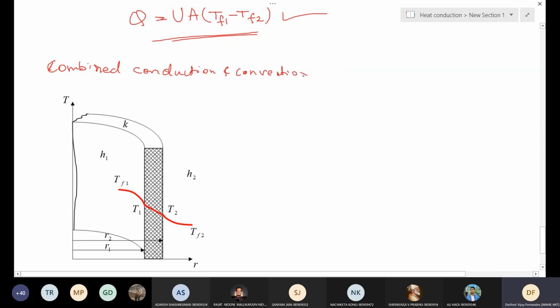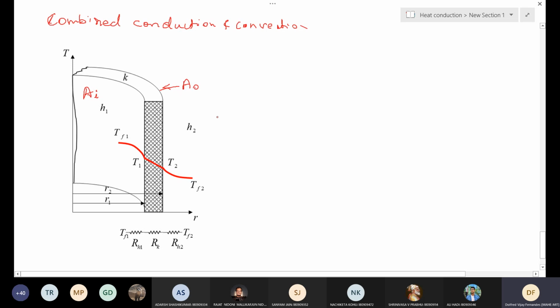So why we need to be careful about this convection resistance? Because we have to consider the area. Area is different at inner side. The area is smaller, and on the outer side there is more area. So you should be very careful here. Otherwise the problem is simple.